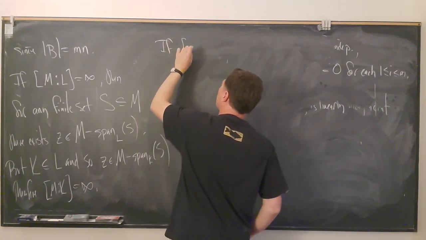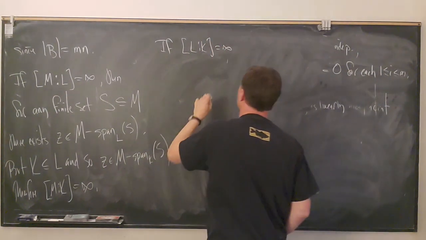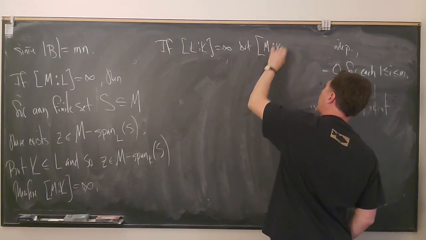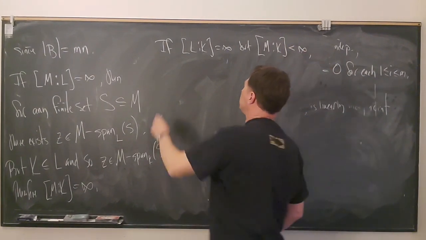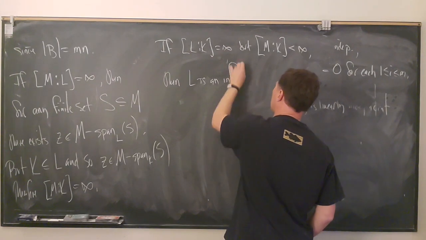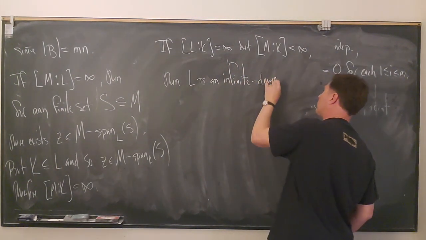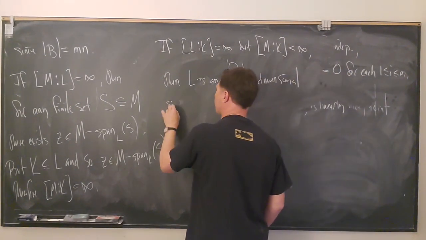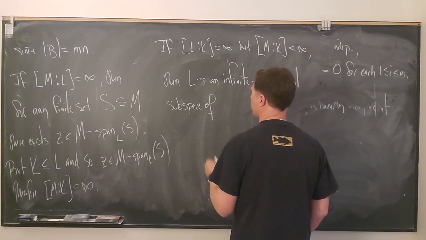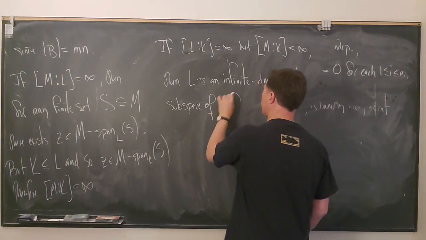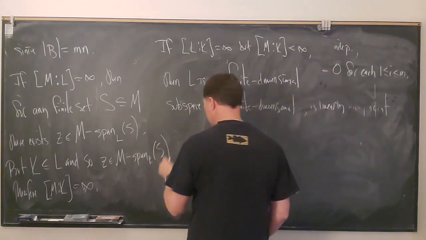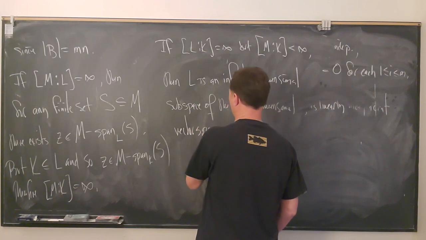So if the degree of L over K equals infinity, but the degree of M over K is finite, then L is an infinite dimensional subspace of the finite dimensional vector space M. Well, of course, that's impossible.